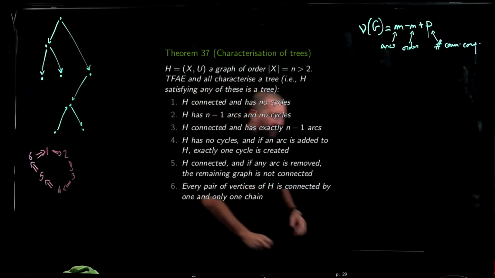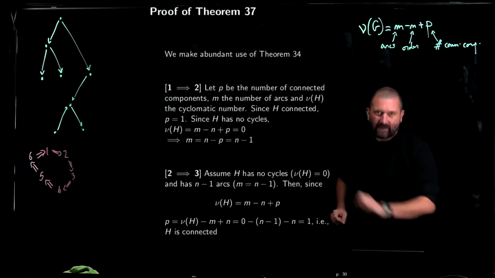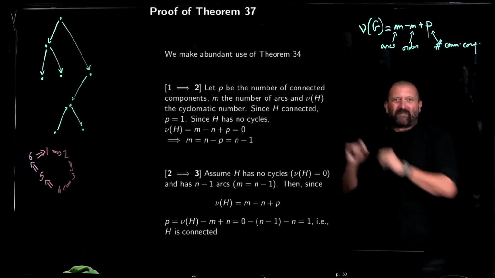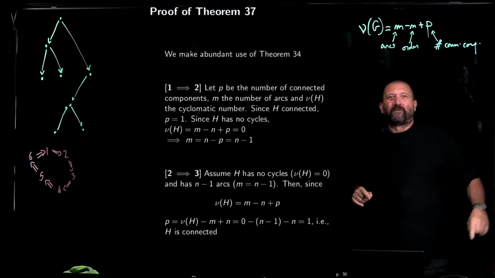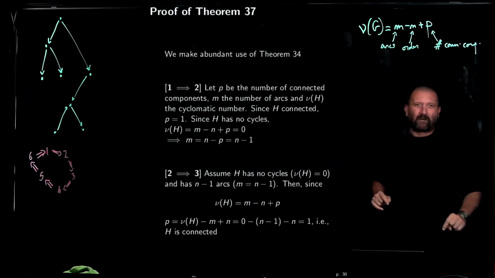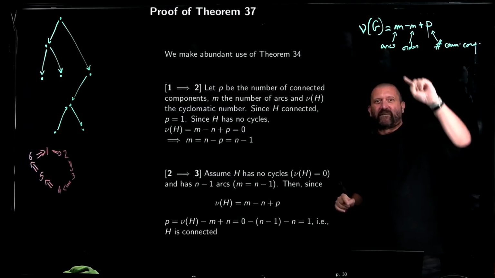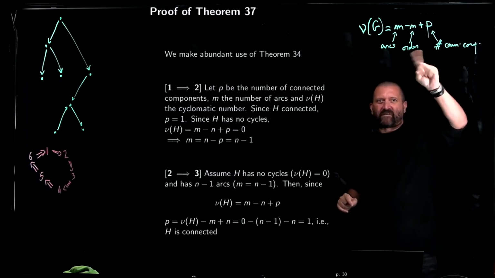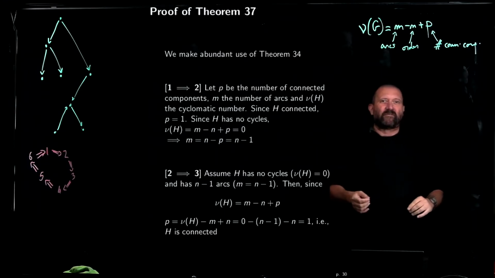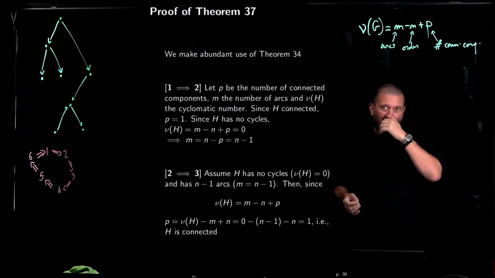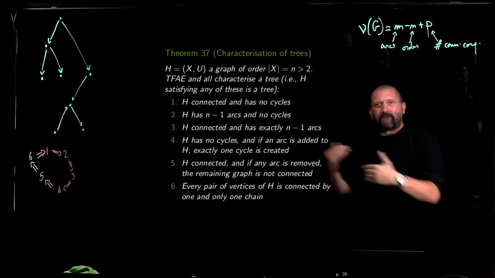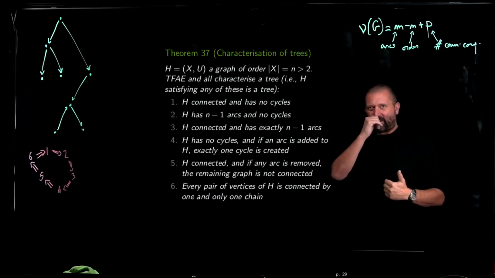So let's start. And I'll point out, as I say, we make abundant use of theorem 34, which is that the cyclomatic number of the graph is m, the number of arcs, minus the order plus the number of connected components. So 1 to 2, and I'll keep on coming back to explain what we're doing.